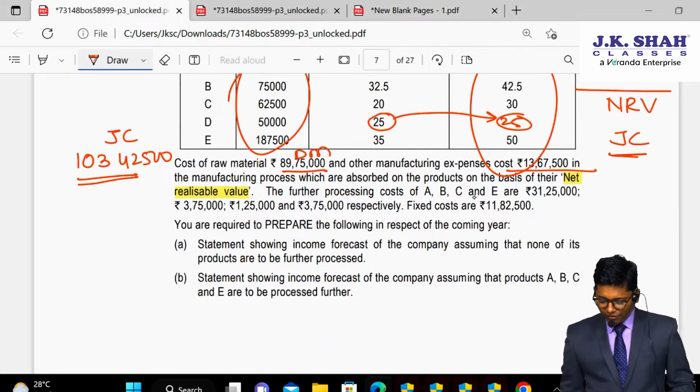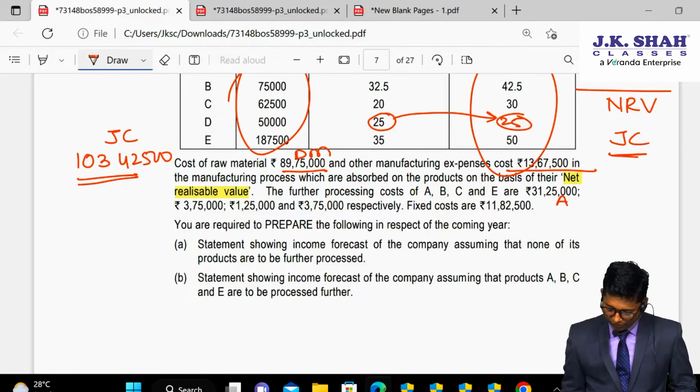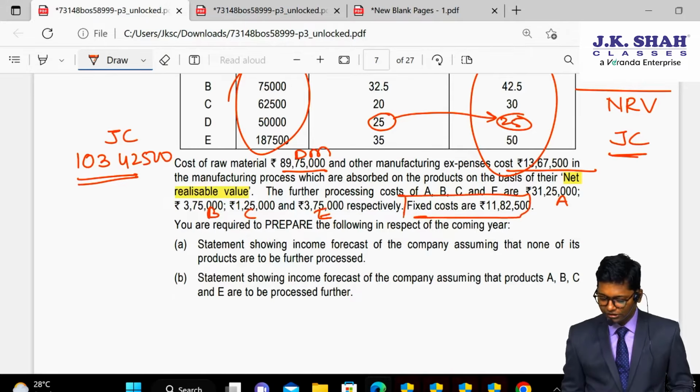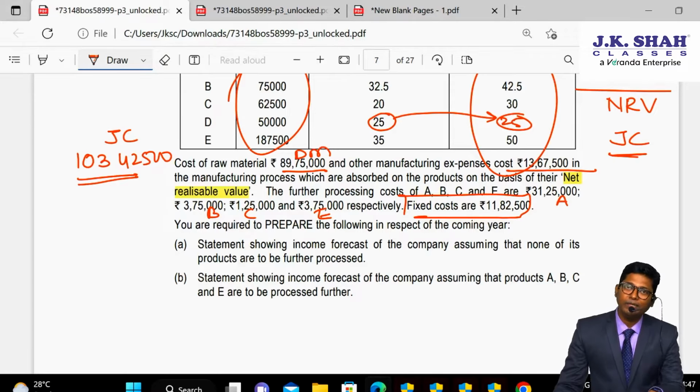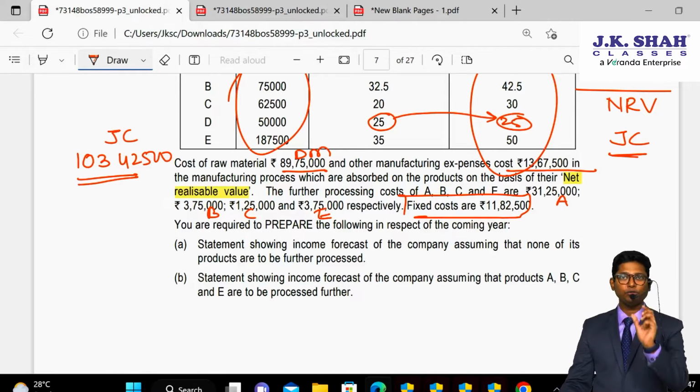The processing cost is given for A, B, C and E. D the company is not further processing, so A, B, C and E's FPC is given and fixed cost is also given. Sometimes students get confused. What is to be done with the fixed cost? Fixed cost is not a product cost, it's a period cost, and period cost is not to be charged to the product, it is to be shown separately in the company's total column.